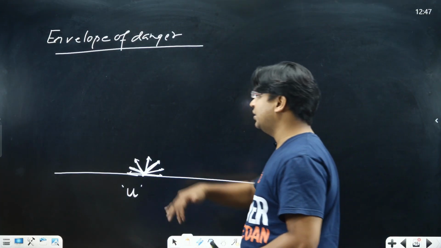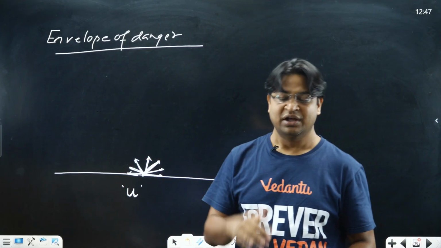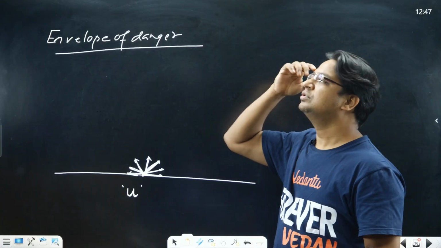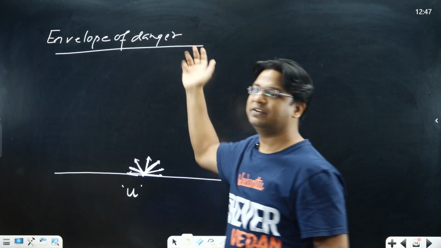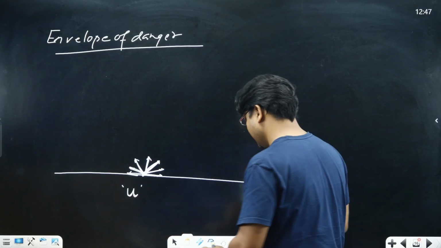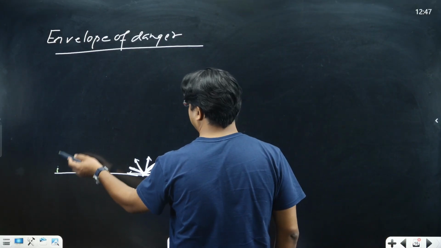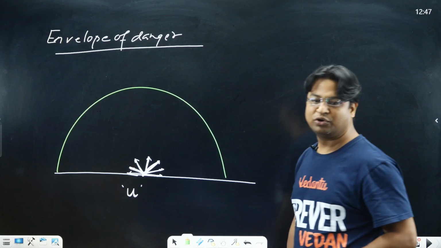Now we want to think about the region of space where this cannon can hit a target, like a flying aeroplane. So there would be a region of space outside which the plane would be safe, and a region where it would not be safe. What I suspect is there should be a dome shaped region.